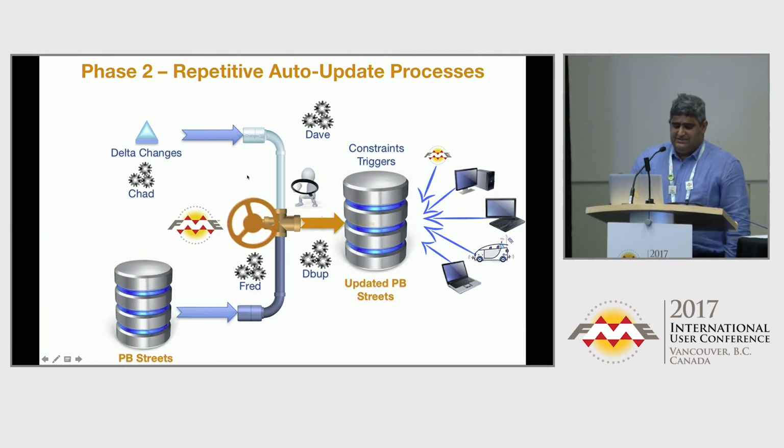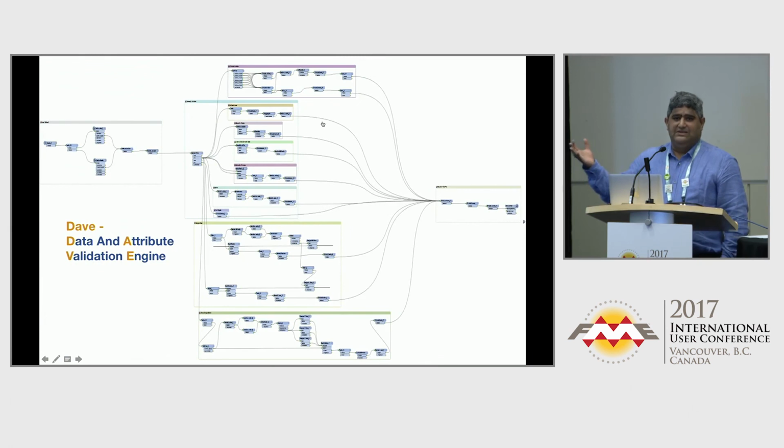All those changes that are moved into auto bucket are then passed on to another process called Dave. Dave is our little guy called data and attribute validation engine.